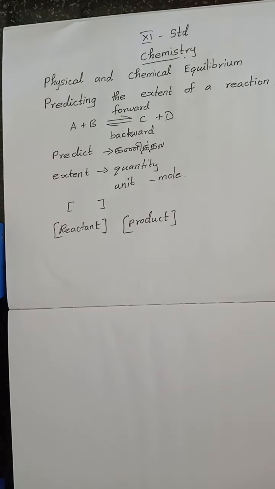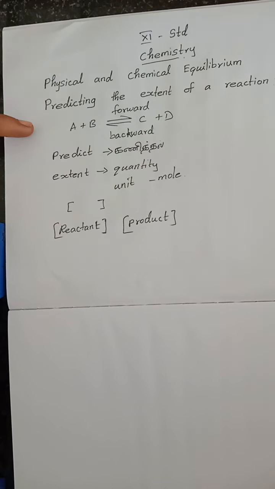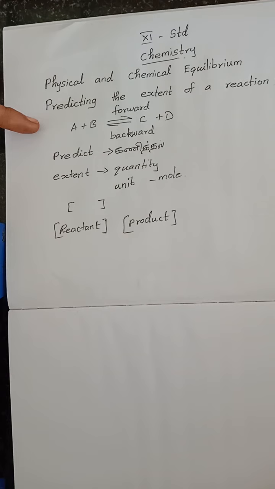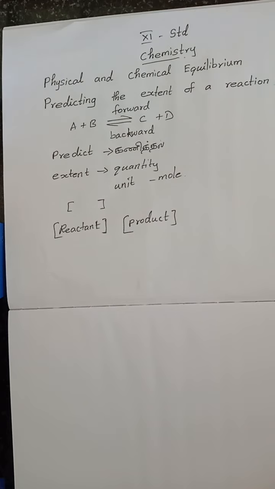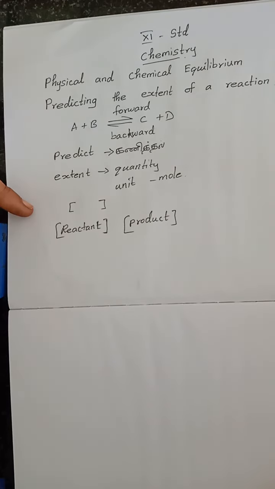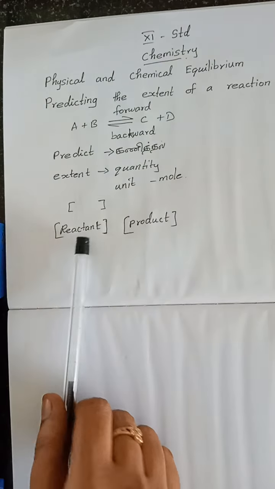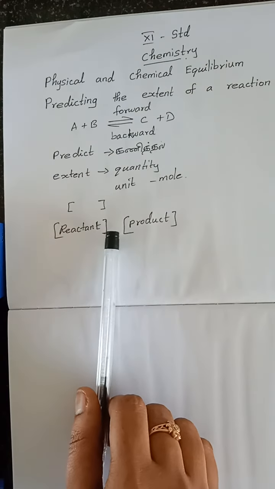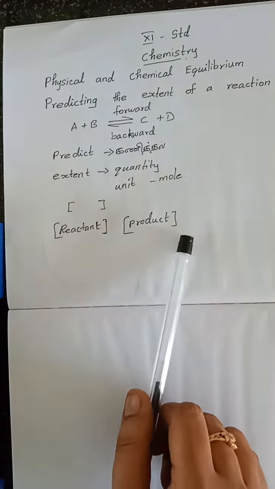So what are the applications? The first point is to predict the direction in which the net reaction will take place. The second point, predict the extent of the reaction. The third point, calculate the equilibrium concentration of the reactant and product.